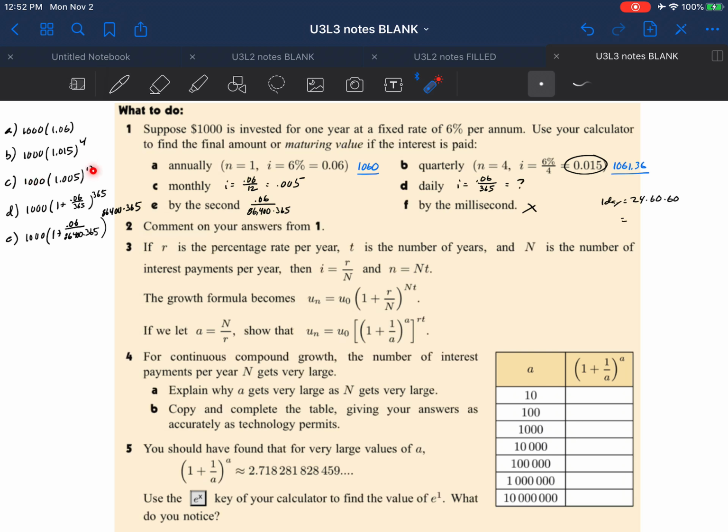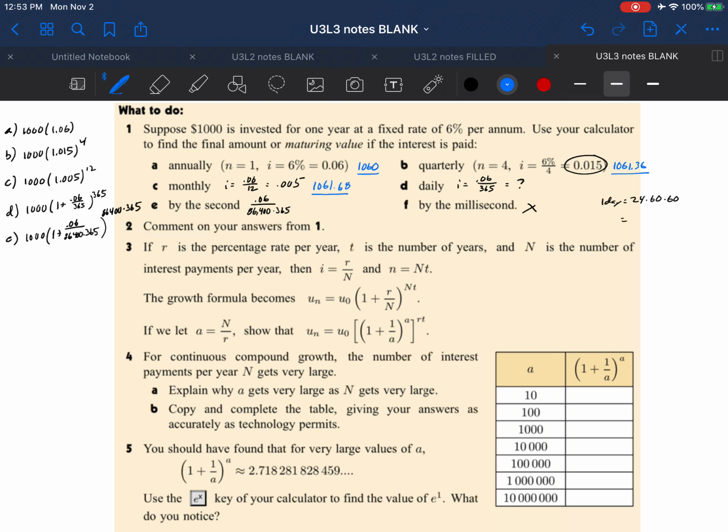Part C. So now I'm going to take 1.005 raised to the 12th. And that's 1061.68, so a little bit larger than quarterly. Daily.